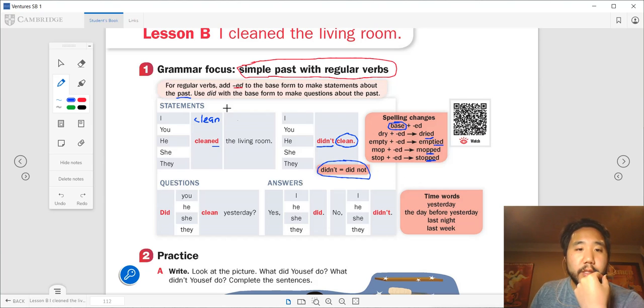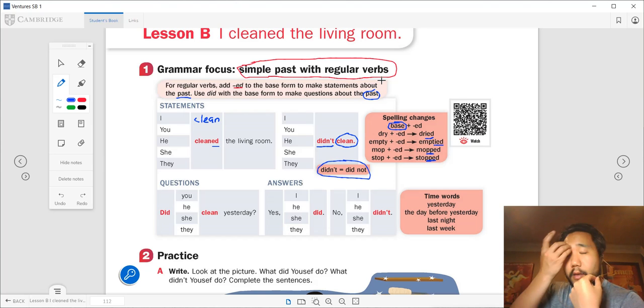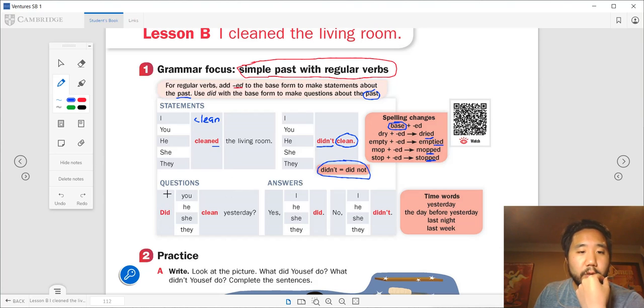And then for questions, it says use did with the base form to make questions about the past. So same thing, we're still talking about the past. In order to ask a question, we use did, the subject pronoun. So did you clean yesterday?